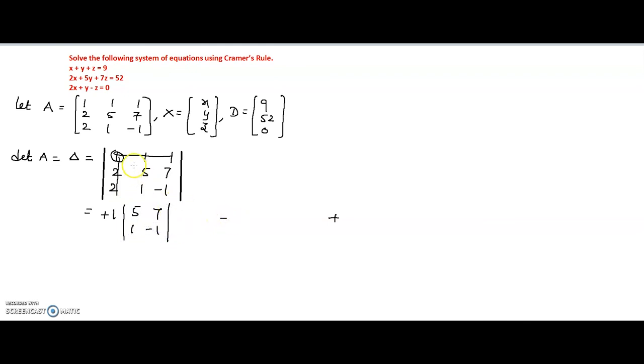Then the next element is 1. This is the second element we're talking about. Leave out the row and column where that 1 is present. The remaining 4 elements in the form of a determinant: 2, 7, 2, minus 1.